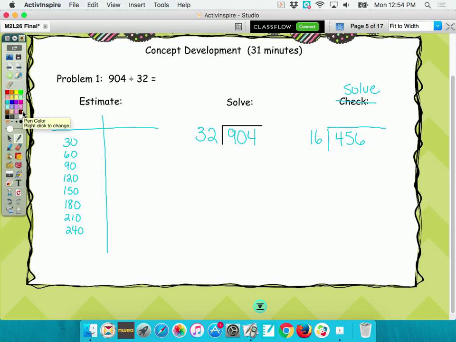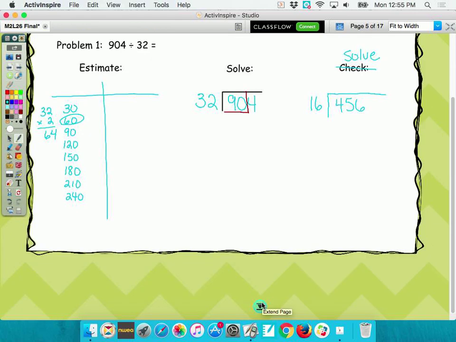Once you get your skip counting done, what's the next step here? Box it. Right, decide what you're going to divide into to start with. 90. Okay, now do you think 3 times 32 will work? No. So we'll try 32 times 2. So I got 64.